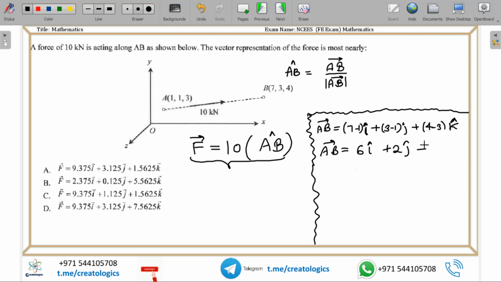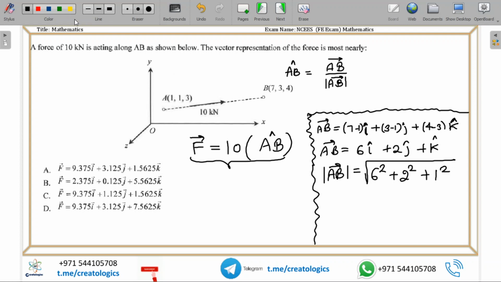plus k cap. In order to get the magnitude value or the length, you can use the distance formula also, which we already did in the previous questions, or you can take the magnitude by writing the square sum of the squares you have to take and its square root. That gives you 6 squared plus 2 squared plus 1 squared.